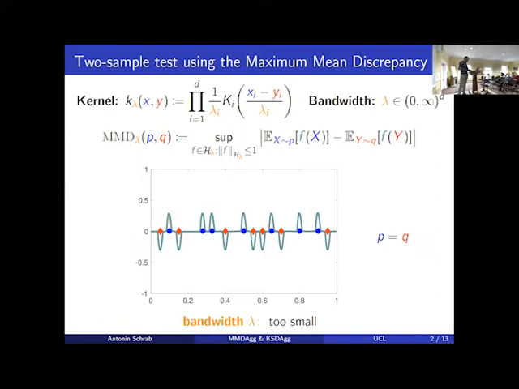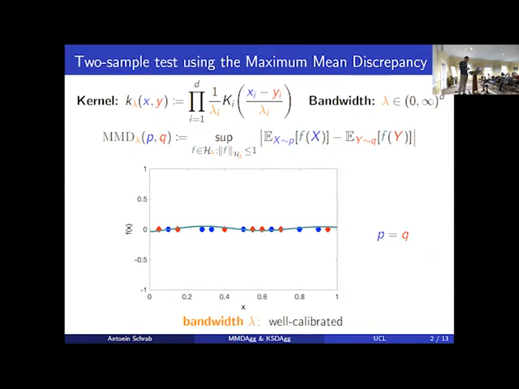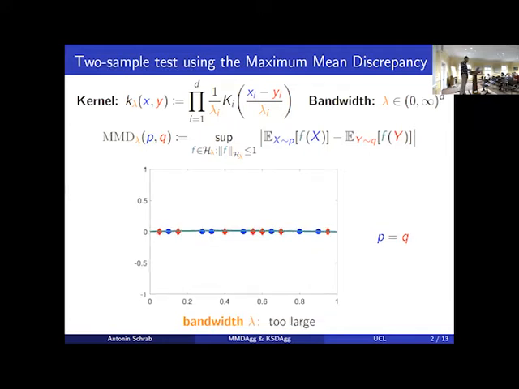So that's not something we want to be able to do. And so if we have a well-calibrated bandwidth, then we get quite a flat witness function. So we'll get a small MMD, so that means that p is close to q. And if the bandwidth is too large, we'll get something basically flat.